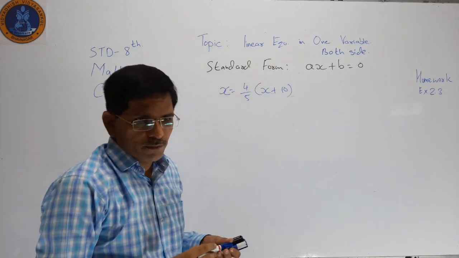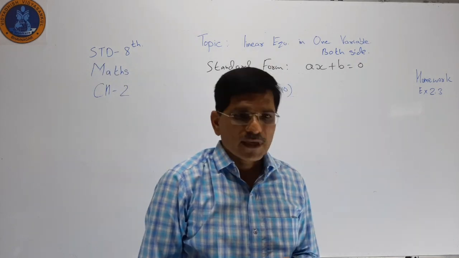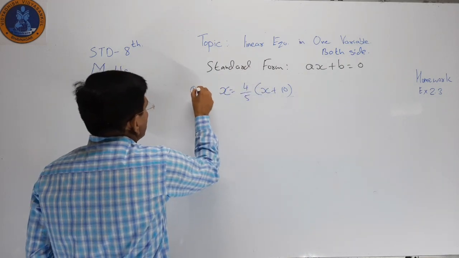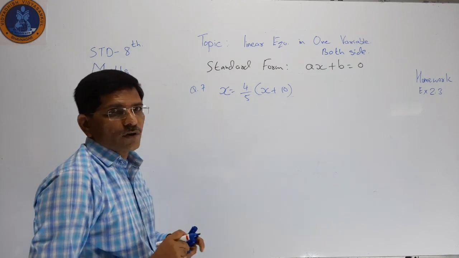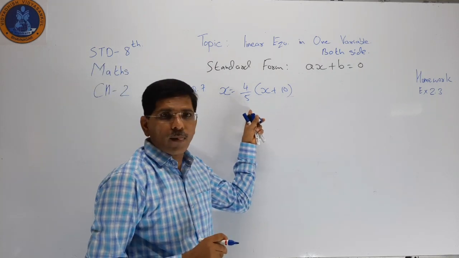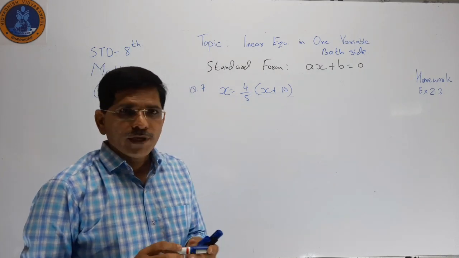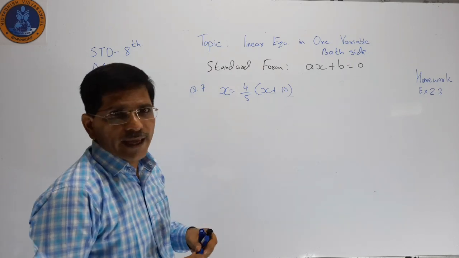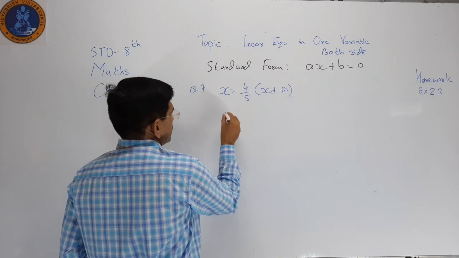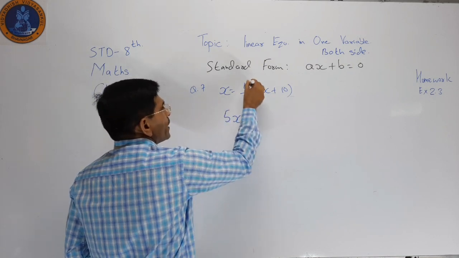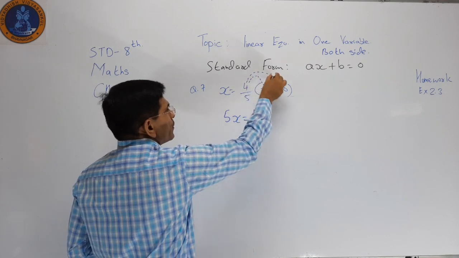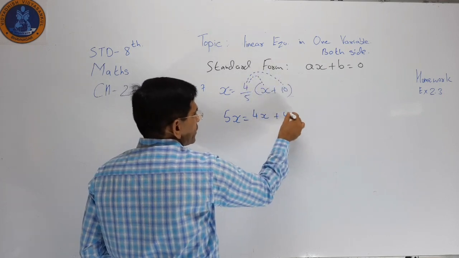Now if I want to simplify this, that is question number 7, what is the way? First of all, I have to shift this 5 because it is in the form of a denominator. So I have to multiply 5 with x. So 5x is equal to, now open the bracket. 4 into x, and 4 into 10, that is 40.